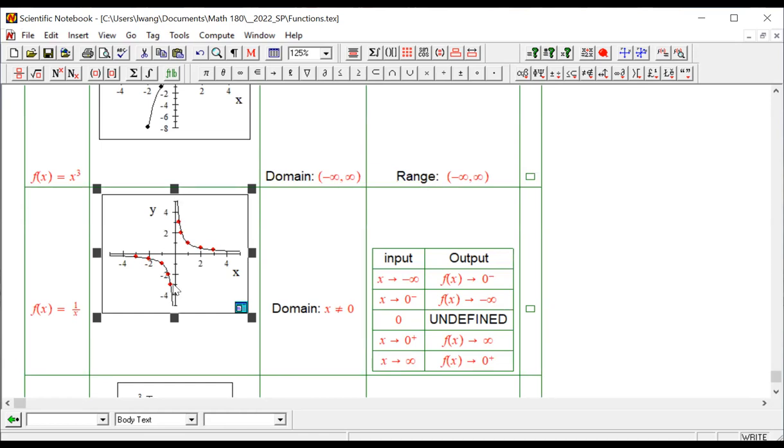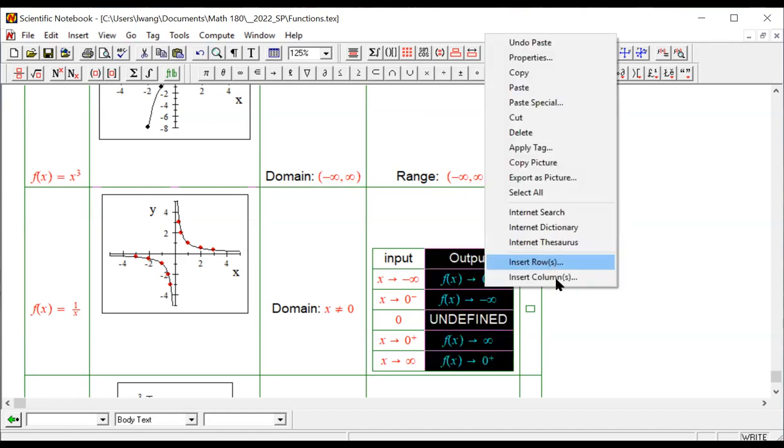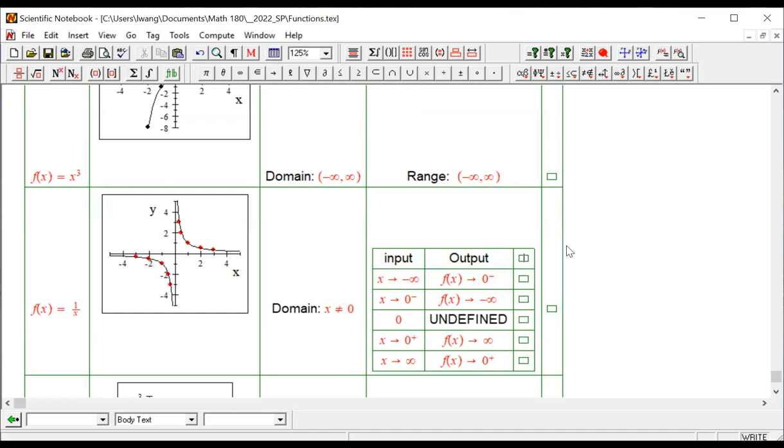The vertical asymptote is the y-axis. The horizontal asymptote is the x-axis. So I'm going to add another column here, sorry. We're gonna add one more column here, which is about the asymptote, right?